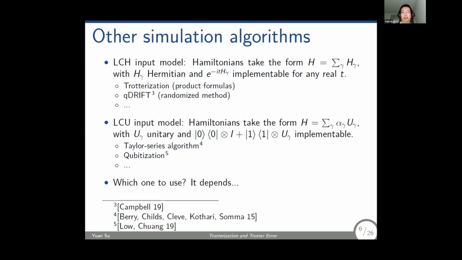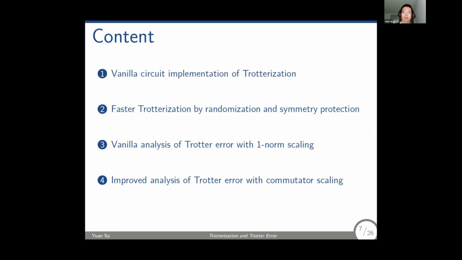But in this talk, I would like to exclusively focus on one method. It's this method based on Trotterization. And hopefully by the end of the talk, I can convince you that this method is indeed performing very well in many scenarios.